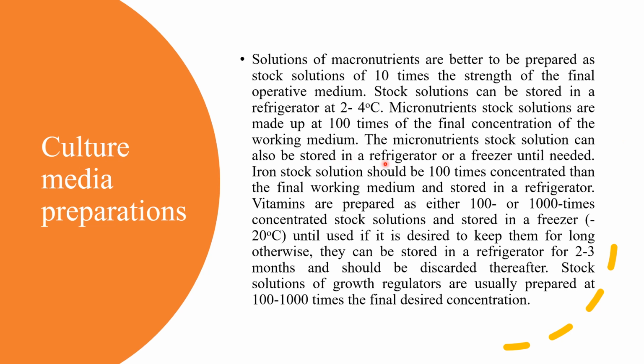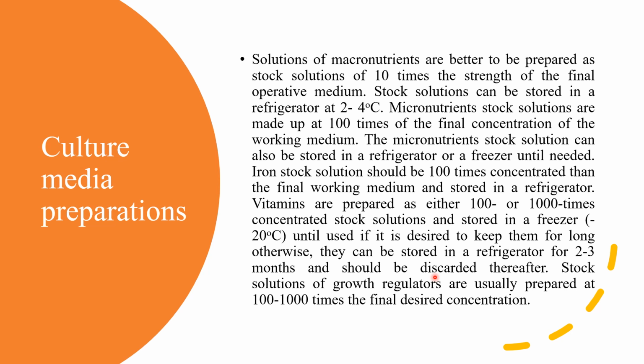The micronutrient stock solution can also be refrigerated until needed. Iron stock solution should be 100 times more concentrated than the final working medium and stored in the refrigerator. Vitamins are prepared as either 100 or 10,000 times concentrated stock solutions and stored in the freezer until use.